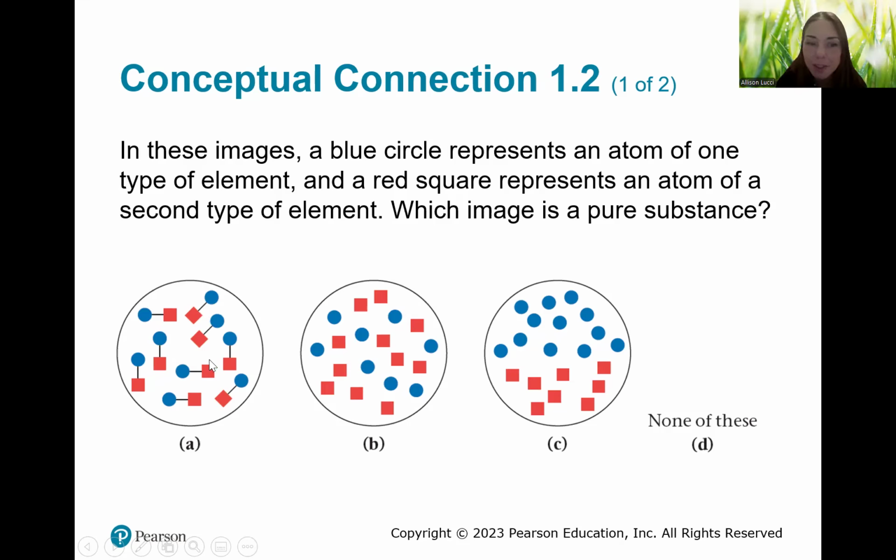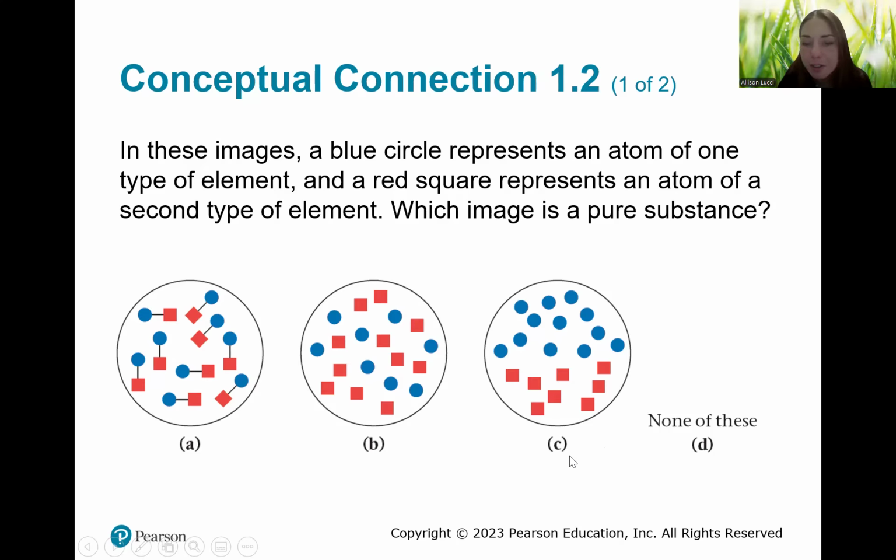So each of these compounds, right, we're indicating two different elements here. In image B here, we see those two elements, but they're not bonded together. They're kind of separated, or they're separate entities, but they're mixed together. So there's kind of a uniform distribution. So we could look at this and say this is probably a homogeneous mixture.